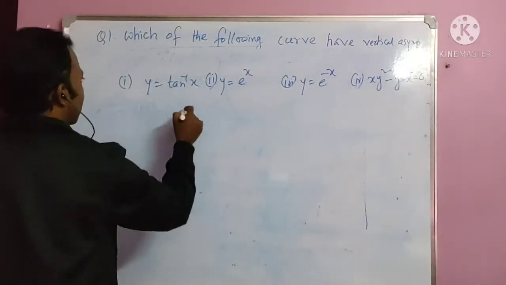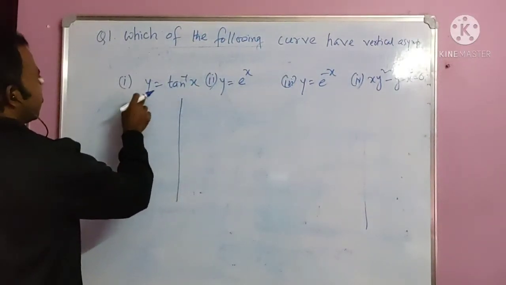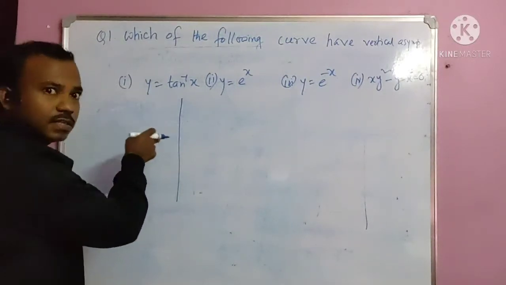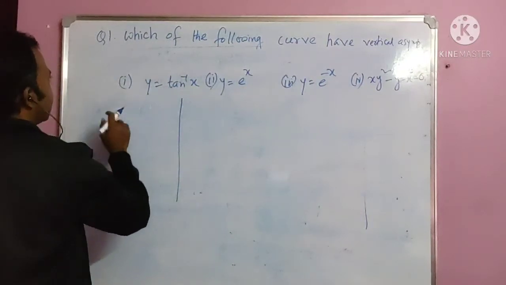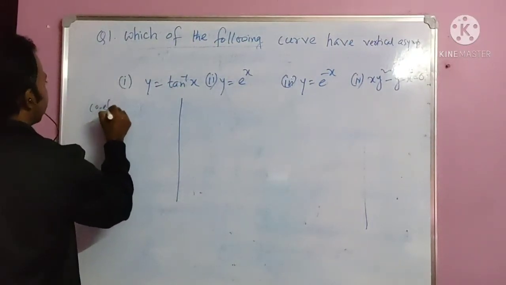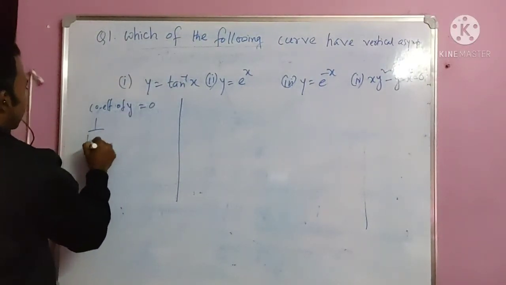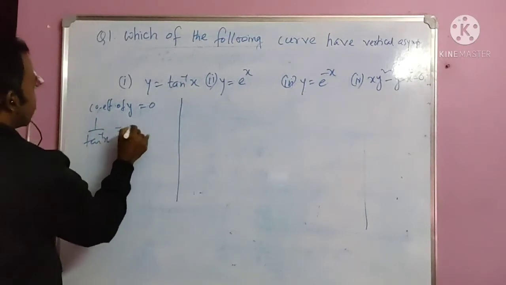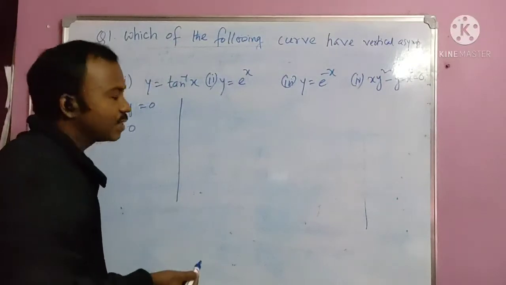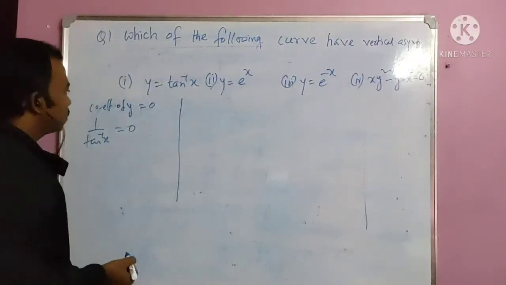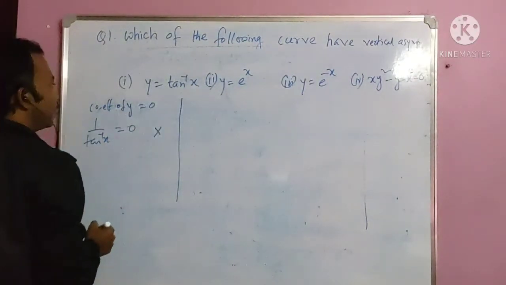For these portions, as we saw in the previous example, coefficient of y equals 0 gives 1 by tan inverse x equals 0. This was not giving any finite value, so it is not going to give a finite value for x.